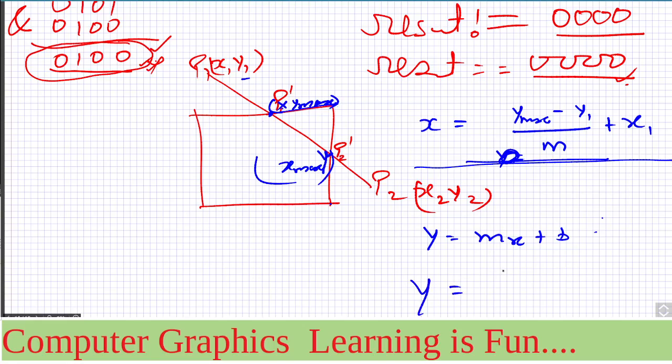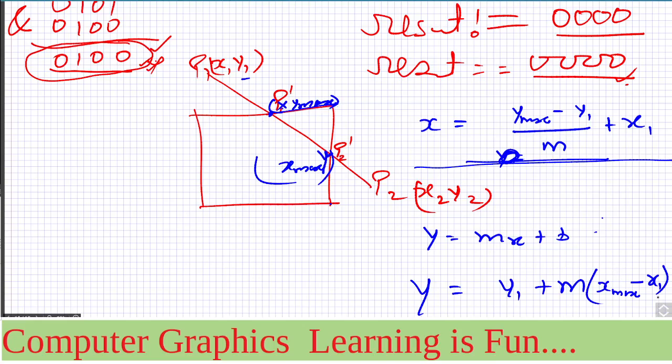What will be the value of y? It will be y1 plus m times x max minus x1.